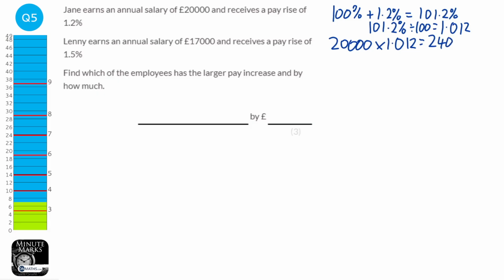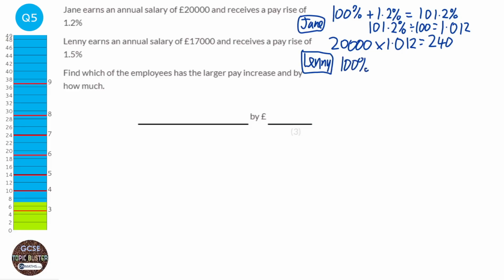Next we do the same for Lenny. So that's 100% plus the 1.5% will be 101.5%.